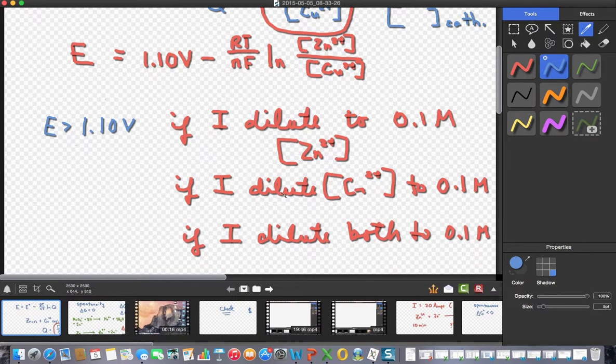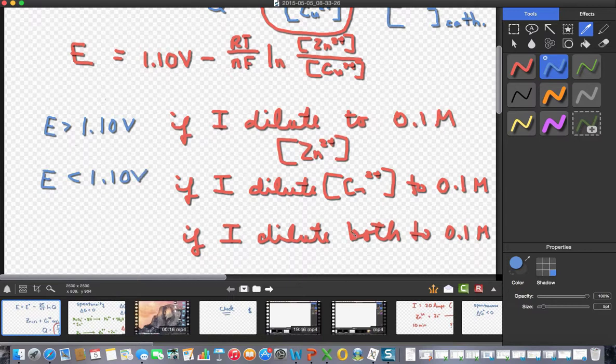Okay, let's look at the next scenario. If I dilute copper 2+ to 0.1, now 1 over 0.1 is 10. This log will be a positive number. I will be subtracting a positive number from 1.10 volts. In this case, E will be less than 1.10 volts.